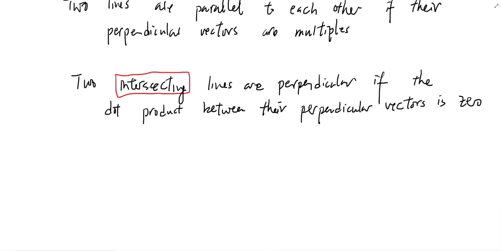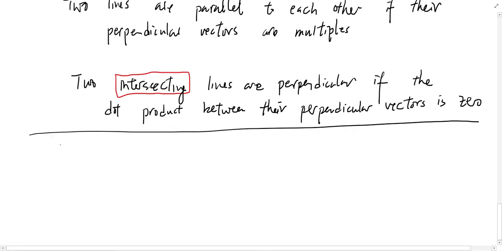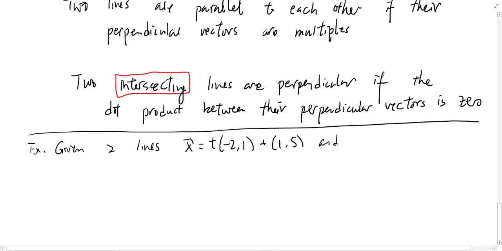Now, I'll give you a very simple example. A question would be something like this that I can ask you, and let's do one in R2 first, so that's easy. Given two lines, let's say vector x is equal to t(-2, 1) + (1, 5), and let's say vector x is equal to t(4, -2) + (7, 4).